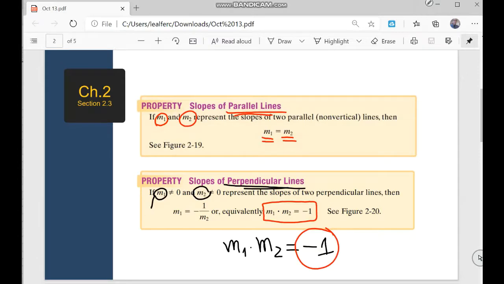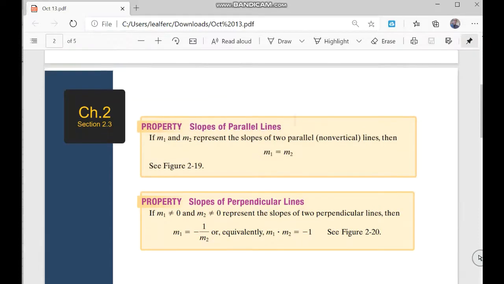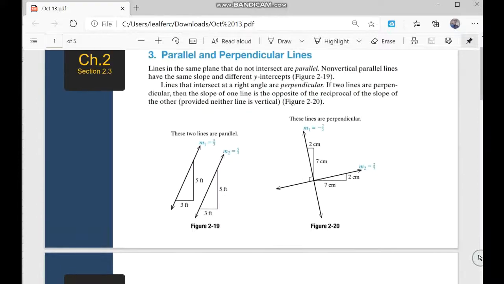Real quick, going back to the pictures, let's compare. Parallel lines. Can you see parallel lines? Compare the slopes. M1 equals 5 over 3, M2 equals 5 over 3. So they are the same, they have the same value, they are parallel. Perpendicular lines.